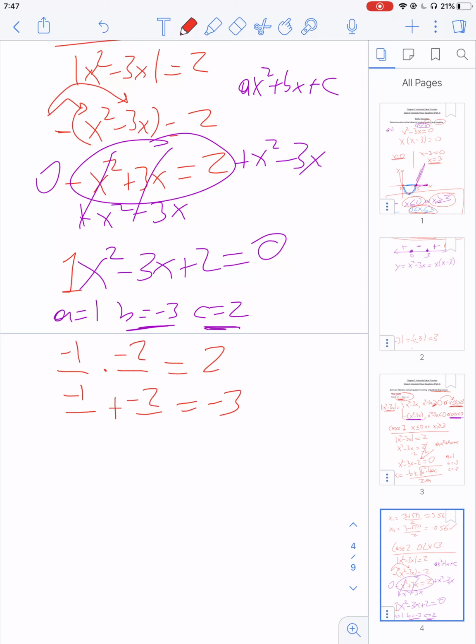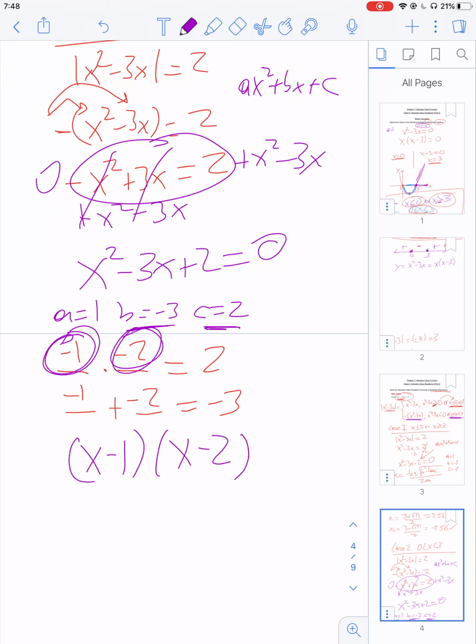So I think I did a good thing by doing it the way I did. I'm going to use the shortcut. I'm just going to put x minus 1, x minus 2, equals 0. The -1 is coming from here, and the -2 from here. So now I have two solutions.